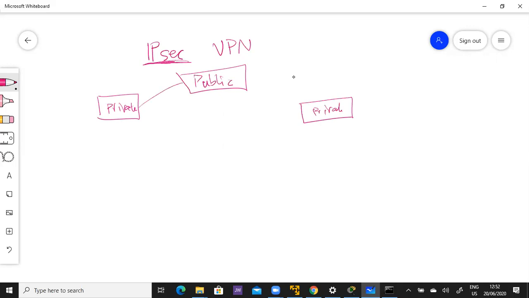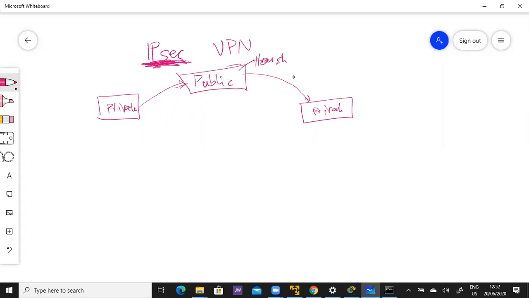This is a very harsh environment. In the public network, there are a lot of hackers, a lot of things happen there. So that's what I mean by VPN being a security issue. But you still want to go, so you need a very tight, a very strong security. And that strong security, IPsec is the one that will provide it for you.